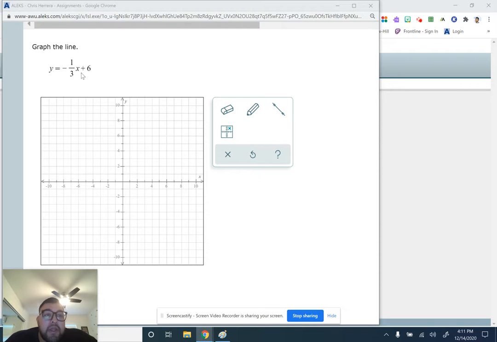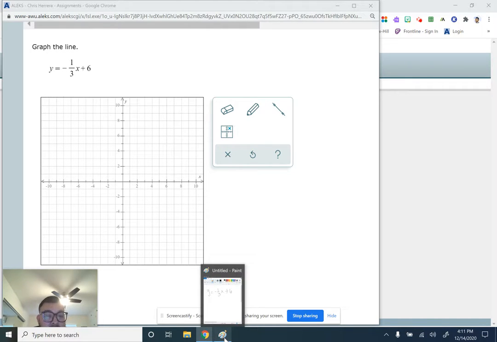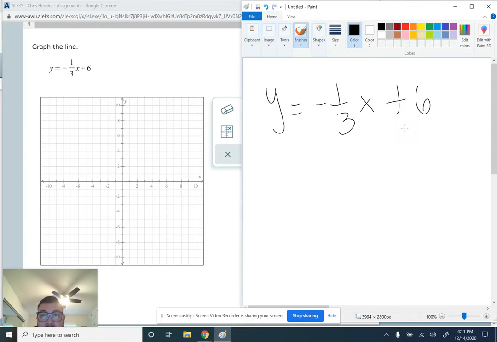So in order to do the hack method, the first thing that we want to do is decide what our y-intercept is. If we look at this equation, y equals negative 1/3 x plus 6, we are always thinking of x as our separator.